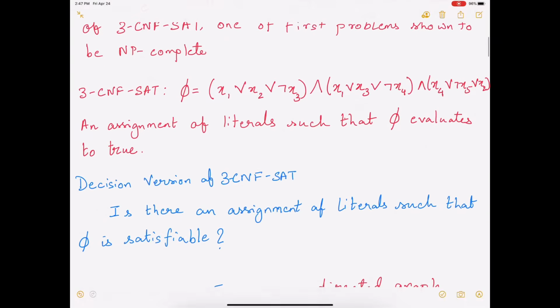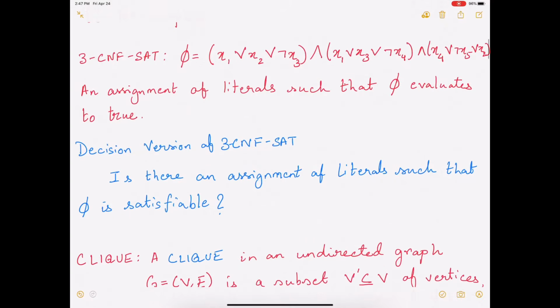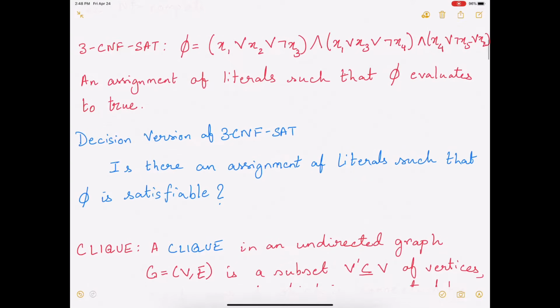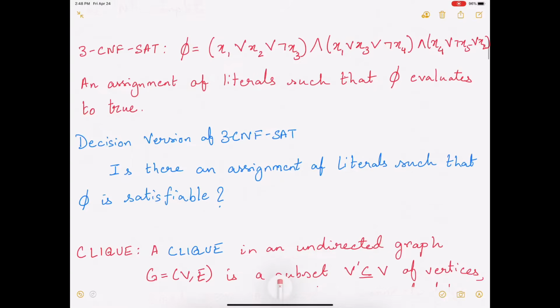So to recall what 3CNF SAT is, 3CNF SAT is basically Boolean satisfiability. We have a Boolean formula phi, written in conjunctive normal form, where all the literals within a particular clause are ORed and the clauses themselves are ANDed, as we can see here.